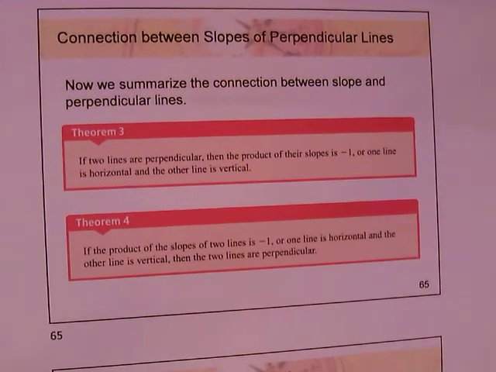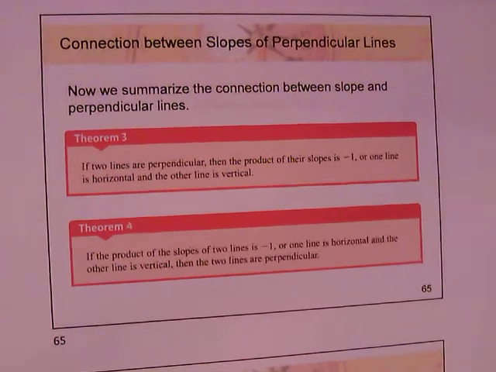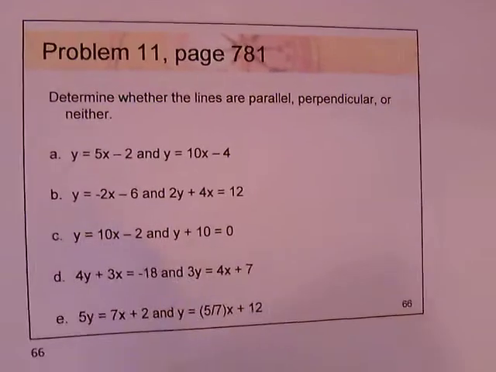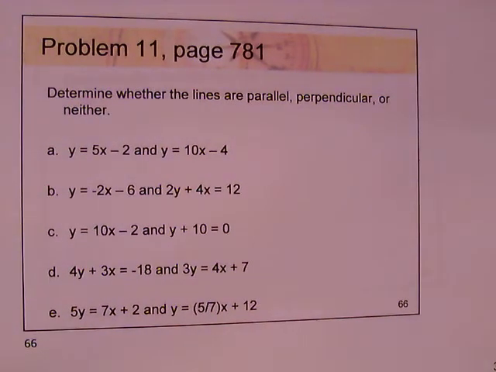Take a look at problem number 11 on page 781, because we're going to do something like this one. Determine whether the lines are parallel, perpendicular, or neither. So for two lines to be parallel, the slopes must be equal to each other. For the two lines to be perpendicular, the product of the two slopes must equal -1. Otherwise, it's neither.